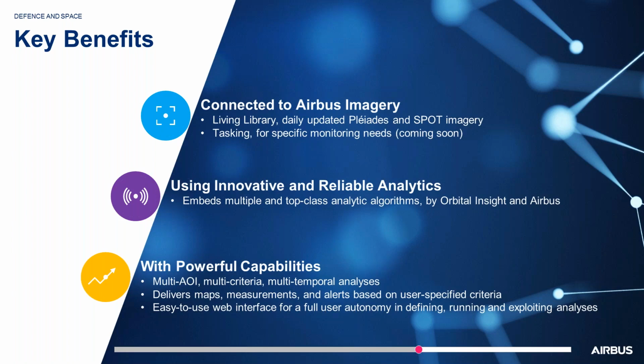And the last point is the capabilities, very powerful, because Earth Monitor is able to run multi-AOI, multi-criteria, and multi-temporal analysis, and deliver maps, measurements, and alerts based on user-specified criteria.